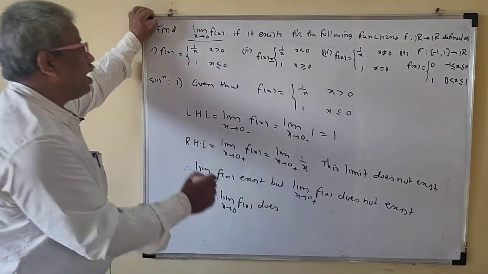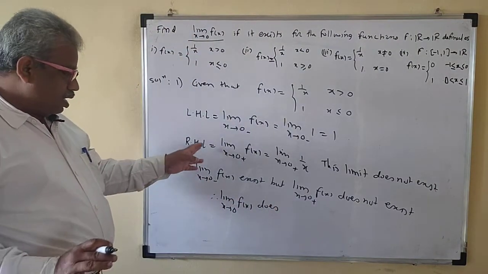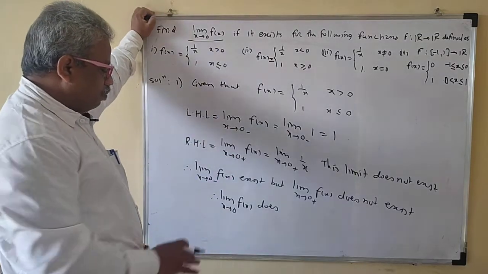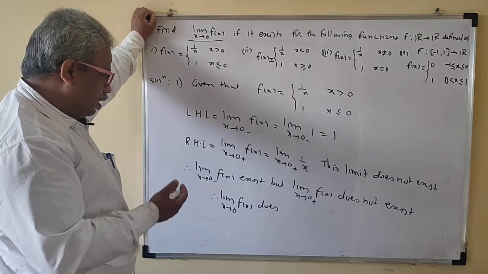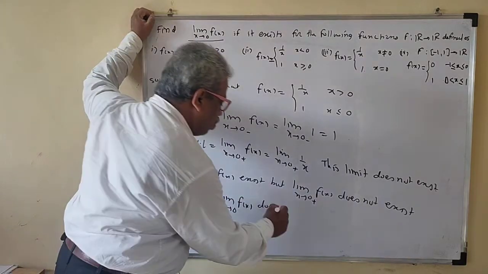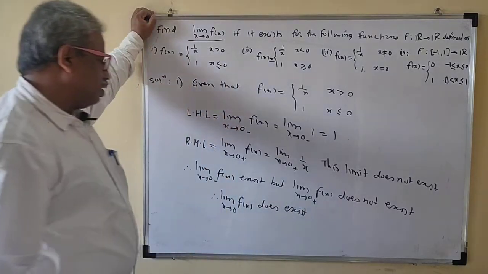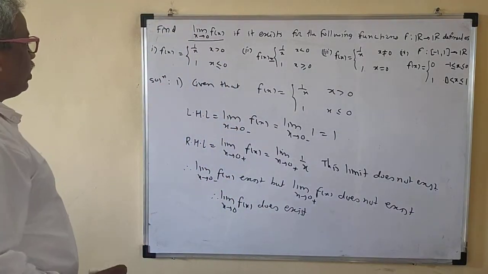We are interested in x tends to 0, not actually in 0 minus and 0 plus, but for that we need to find the left hand limit and right hand limit. So the first limit does not exist.